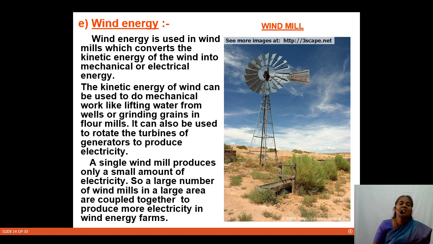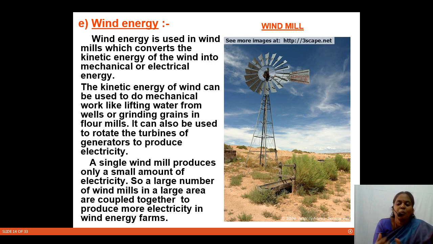Now, what is wind energy? Wind energy is used in windmills, which convert the kinetic energy of wind into mechanical or electrical energy. Everybody might have seen a windmill, either in a diagram or directly. In this diagram, one windmill is shown. A windmill consists of many wings, three wings or two wings. Wherever there is heavy wind, wind is nothing but moving air.